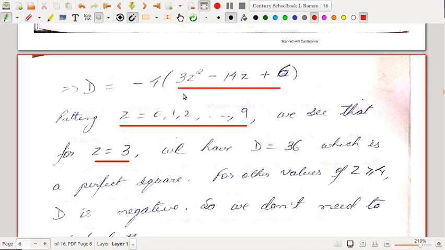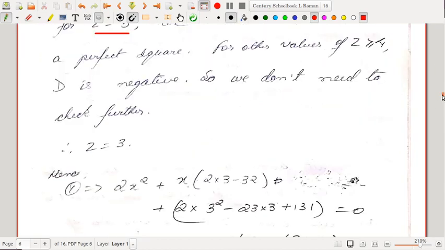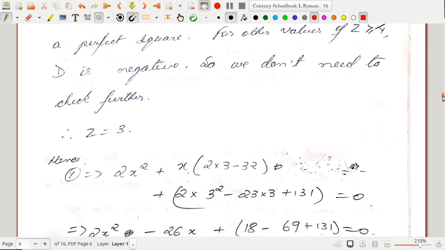Put z equal to 1, you will get 3 minus 14, that is minus 11, plus 6 is minus 5, minus 5 into minus 4, that is 20, so that's not a perfect square. Okay, so that way you will see that for z equal to 3, D will be 36, which is a perfect square, and for any other value of z greater than or equal to 4, D comes out to be negative. Okay, so we don't need to check it further.